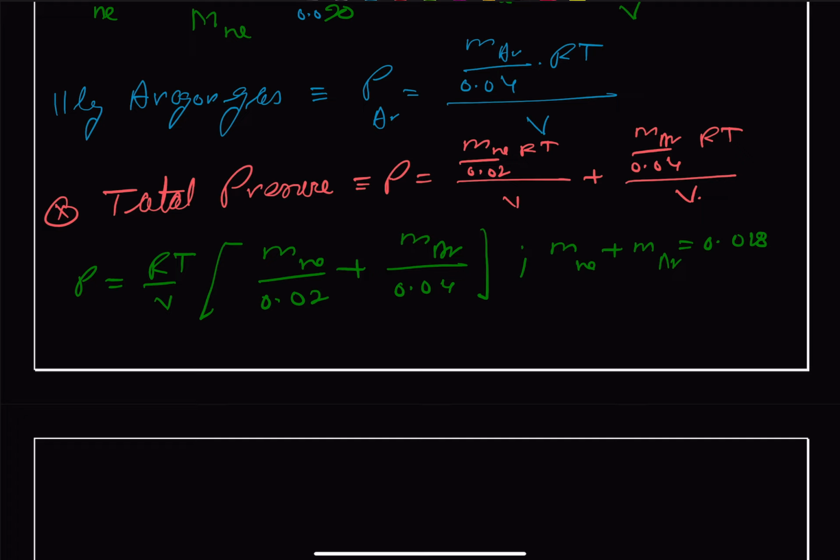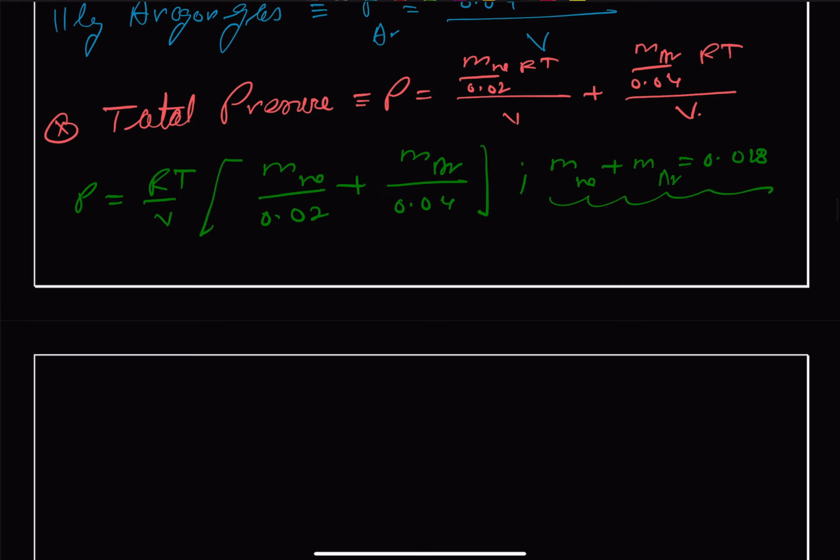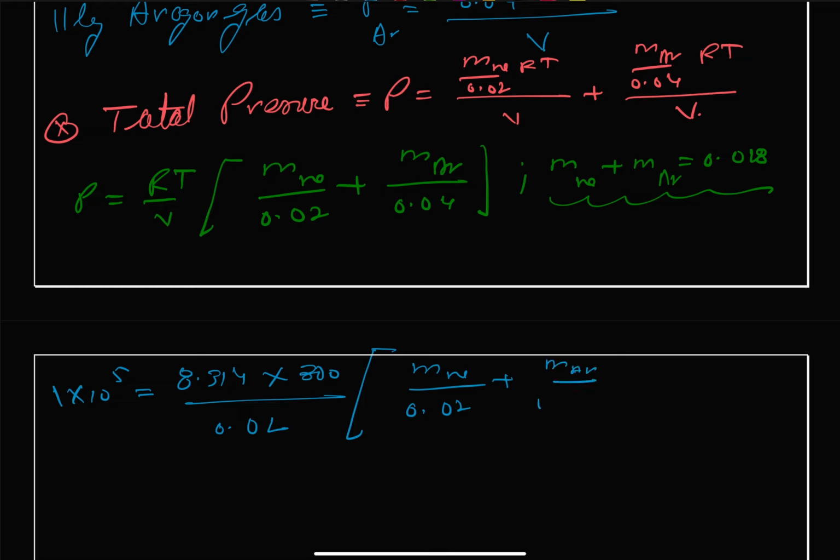We are going to get two equations. One is already given to us, and the second equation we are going to form. The pressure is given to us, so we substitute. This will be coming as 1 into 10 to the power 5. R is 8.314, temperature is 300 Kelvin, and volume is 0.02, and this comes as neon plus argon.